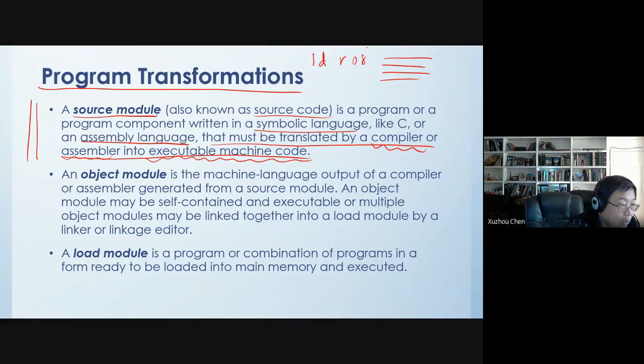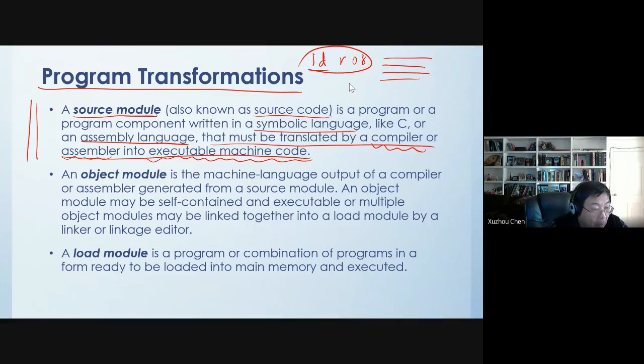LD means load. You may see some very simple word to represent the instruction, but it's not machine code. Machine code is actually all binary digits, but this is more like assembly language.